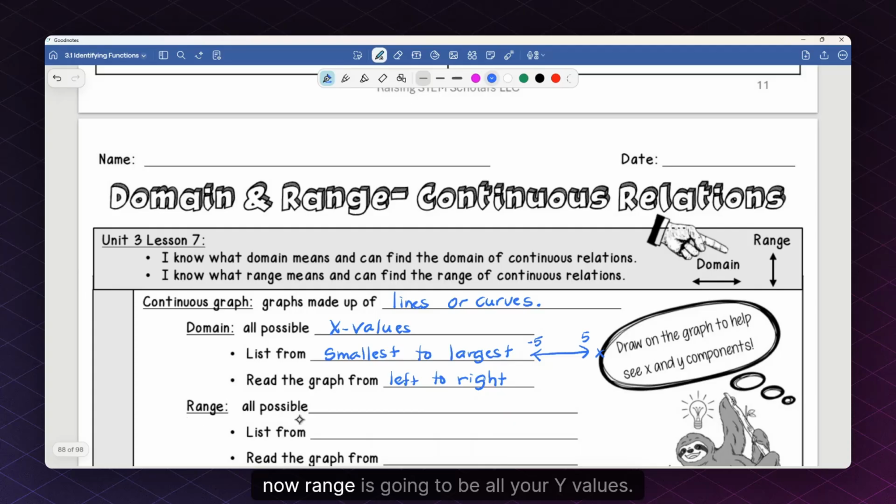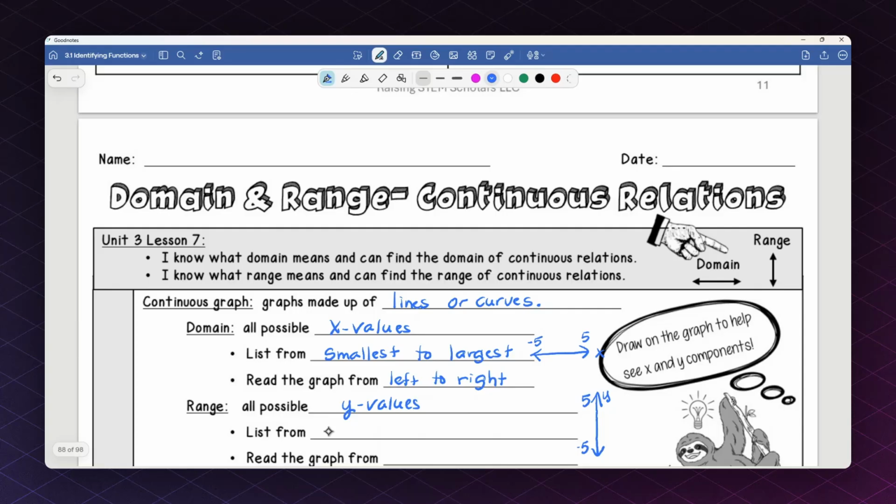Now, range is going to be all your y values. If you think about how your y-axis is written, it's the up-down. Down here at the bottom is -5, and up here at the top is +5.